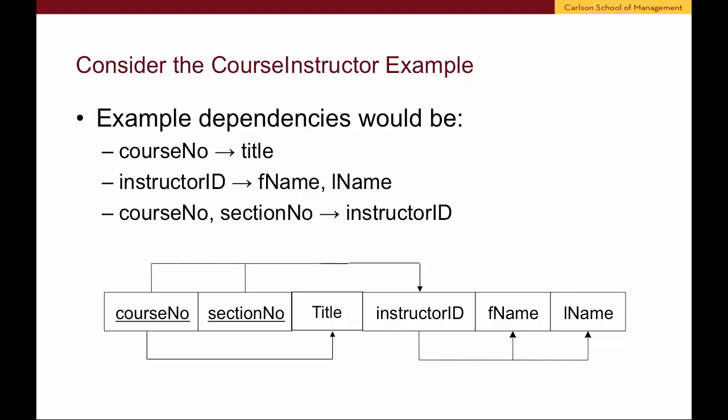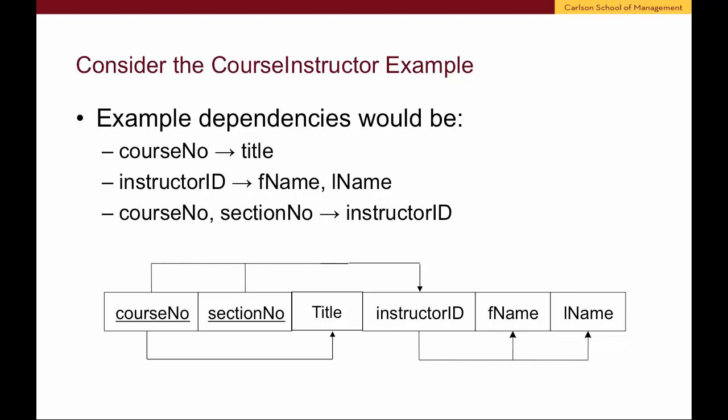The course number determines the title of the course. The course number combined with the section number determines the instructor of the course. So IDSC 3103, section 1 has a particular instructor, and section 2 may have a different instructor. And then finally, the instructor ID determines the first name and the last name of the instructor.